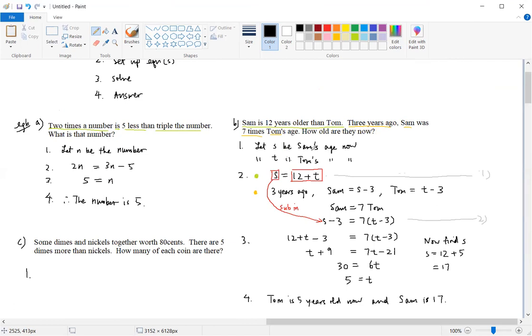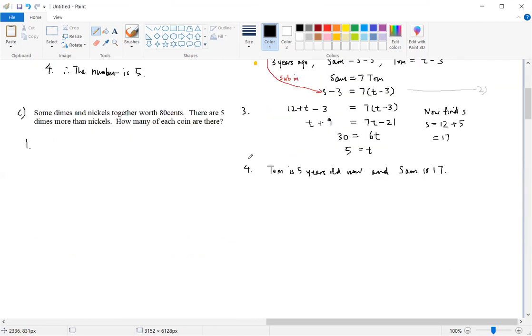So write out not just N stand for nickel, but N means the number of nickel coins. So let N be the number of nickels, and let D be the number of dimes.